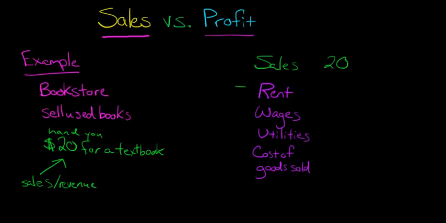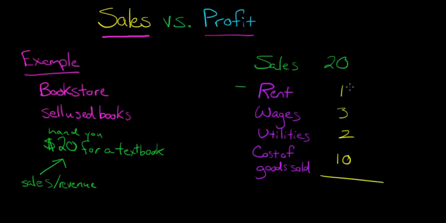Let's say it was $10 for that book, and then the utilities were this, and the wages were this, and the rent is a little unrealistic, but let's say someone rents you the spot for $1. And you could just picture all these numbers being in thousands or something if that's more convenient for you.